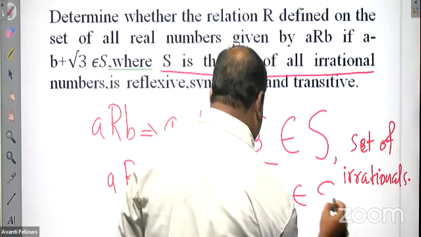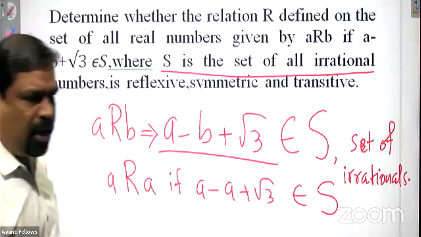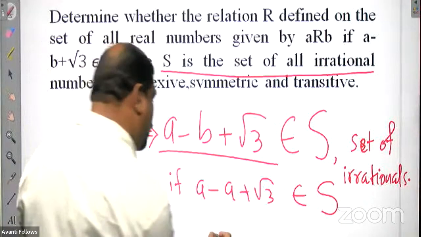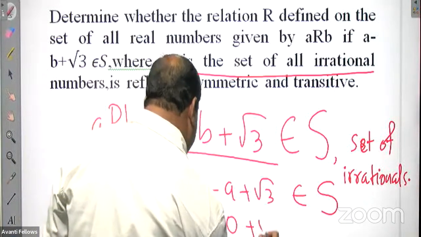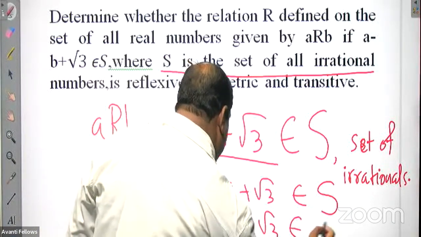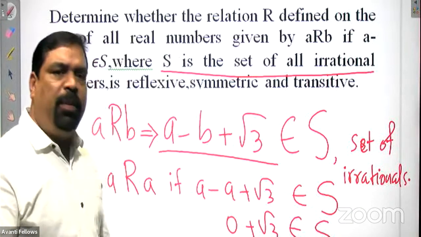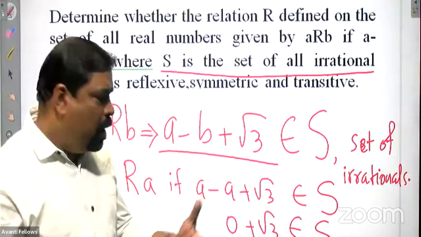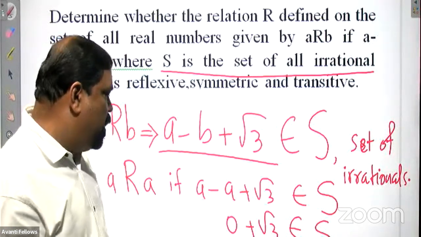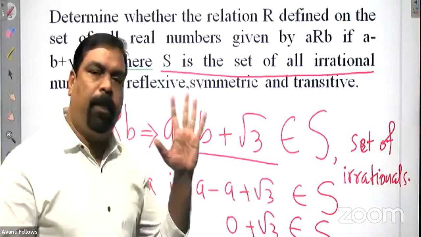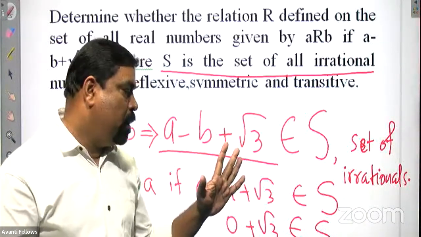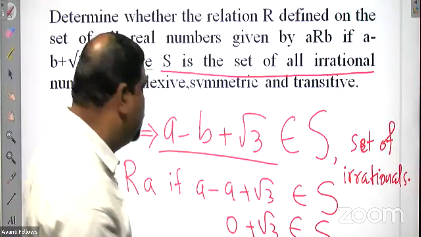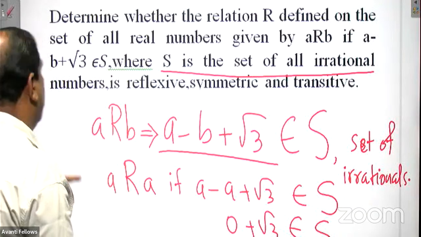Then we can conclude A is related to A. And it is true, A minus A means 0, and 0 plus root 3 is root 3 only, which is an irrational number. So for any A, A minus A plus root 3 is always root 3, an irrational number. So it is a reflexive relation. Very clear. Good.